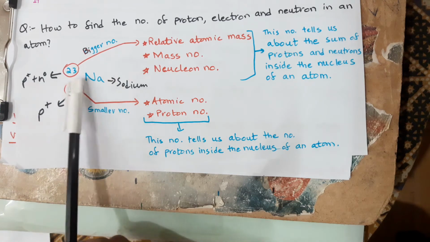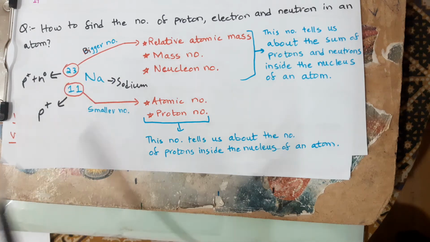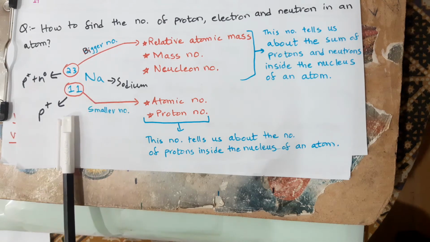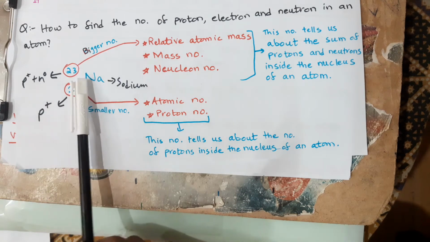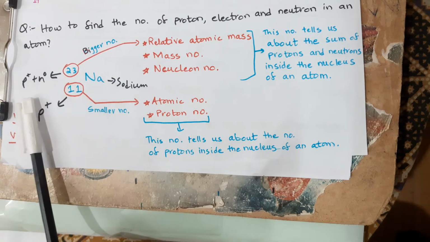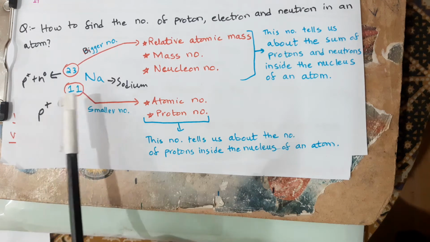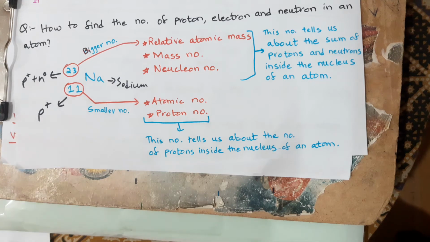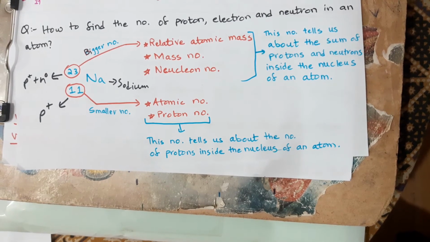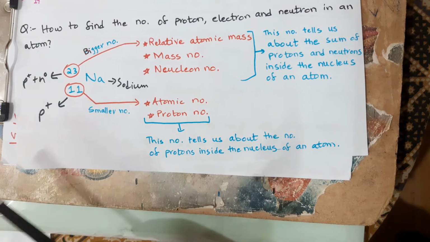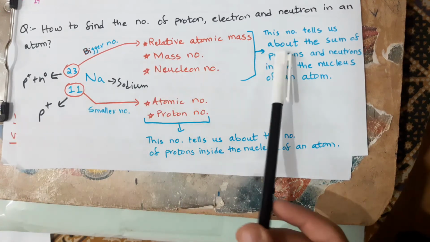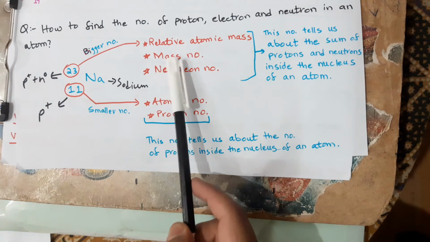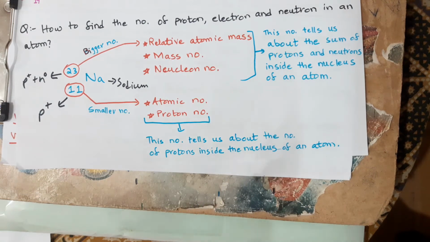The mass number is always bigger than the atomic or proton number because the mass number tells us the sum of protons and neutrons, whereas the atomic number only tells us the number of protons present inside the nucleus of an atom. So here are their definitions: the mass number and the proton number. You can even write them down.